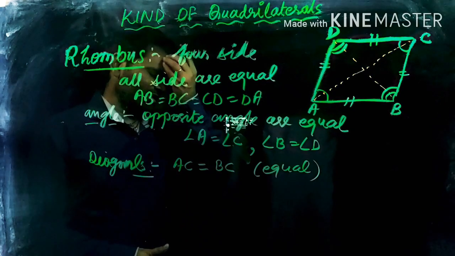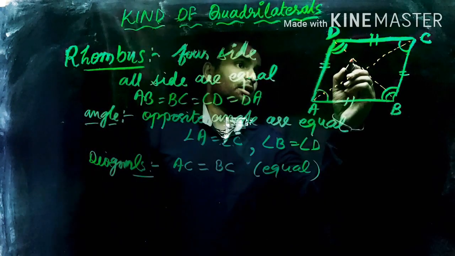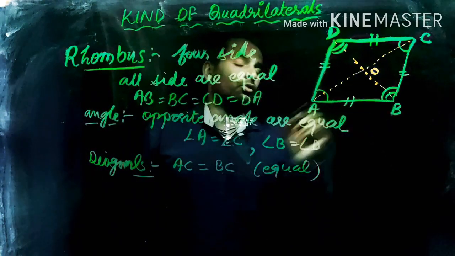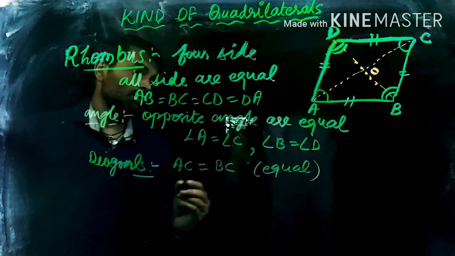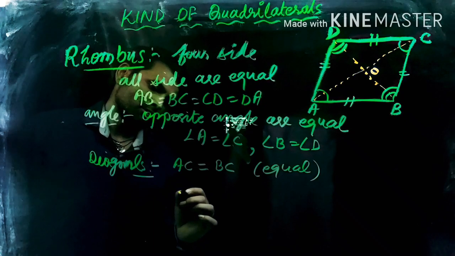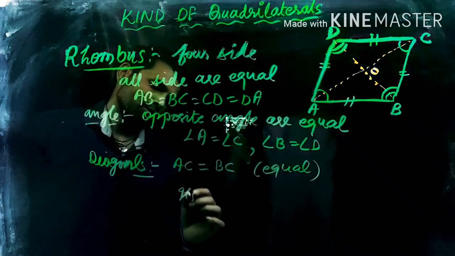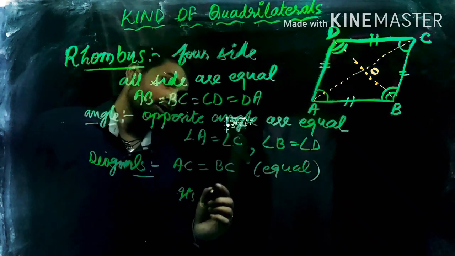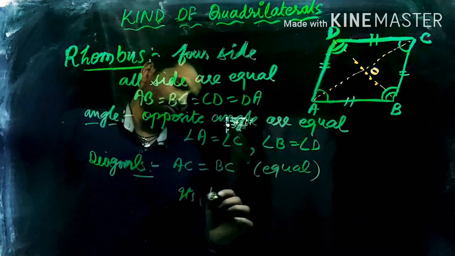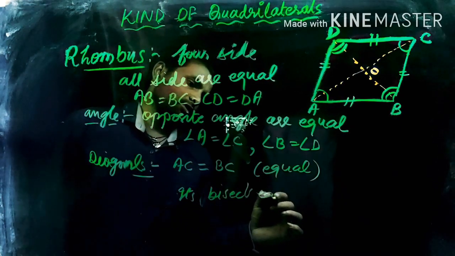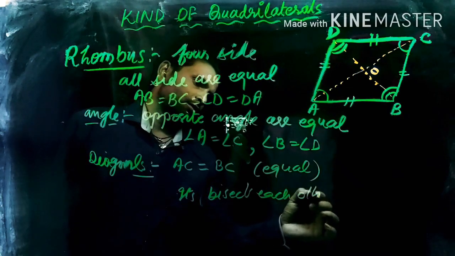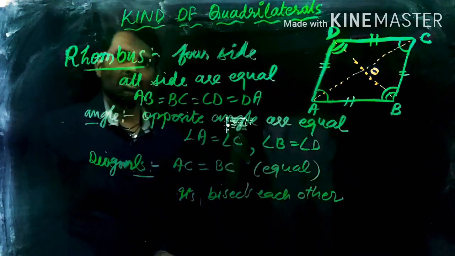The very important point is that the two diagonals intersect at O, and the diagonals bisect each other.